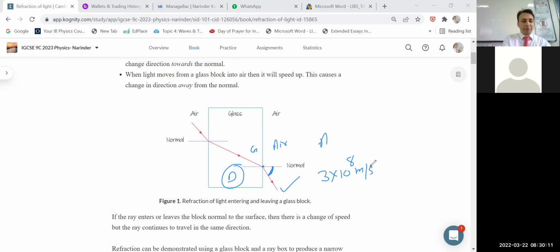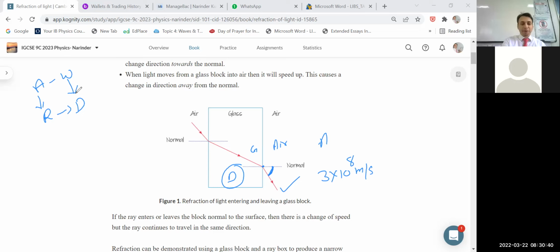So two things you have to remember. Let me write here. If the ray of light is moving from a rarer to a denser medium, the meanings of rarer and denser, you know, are both relative terms. A rare medium can be a denser medium with respect to some other medium. For example, if you take air and water, air will be considered the rare medium, water the denser medium.